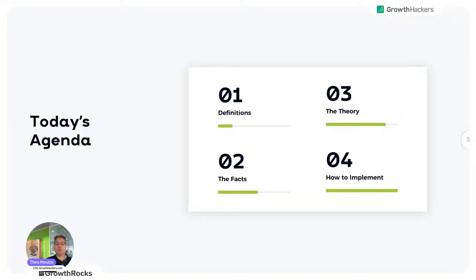Because from that point on, with the micro-monopoly concept, we will be able to actually be in most of the ChatGPT or AI assistant results. And then we will discuss how to implement that, not from the technical perspective, because that is a typical growth hacking approach, but how it should be implemented from the business perspective.